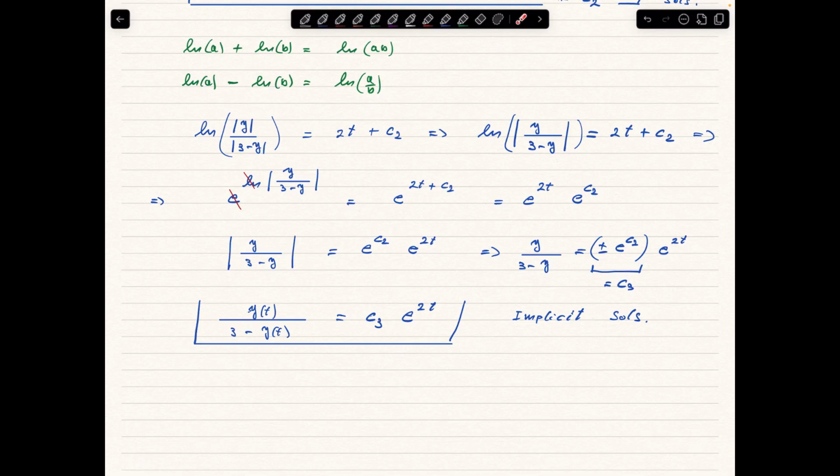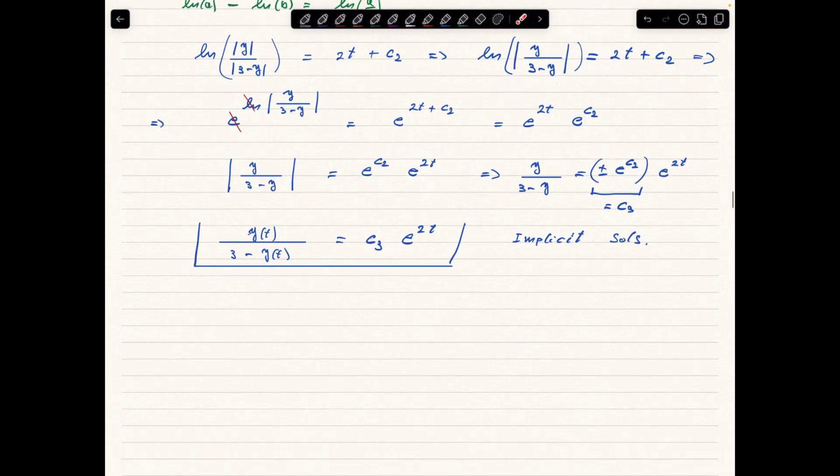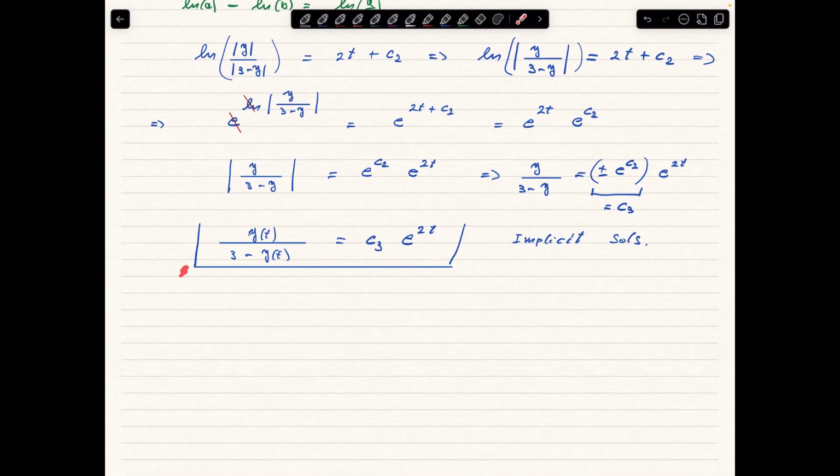Well, now is when we start skipping some steps. If you do some work, so some work here, algebraic work only, you can rewrite this equation in explicit form as follows. 3, then this is the same constant c3 we had before, exponential 2t, and then divided by what? By 1 plus c3 exponential 2t.